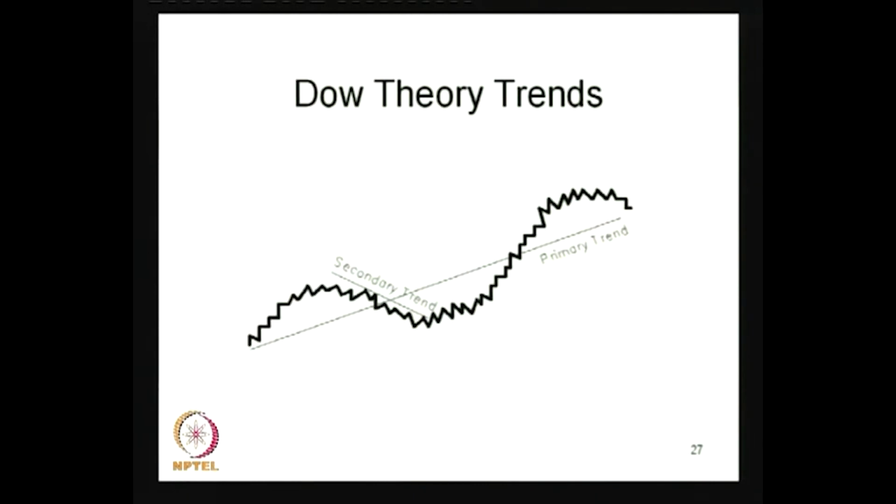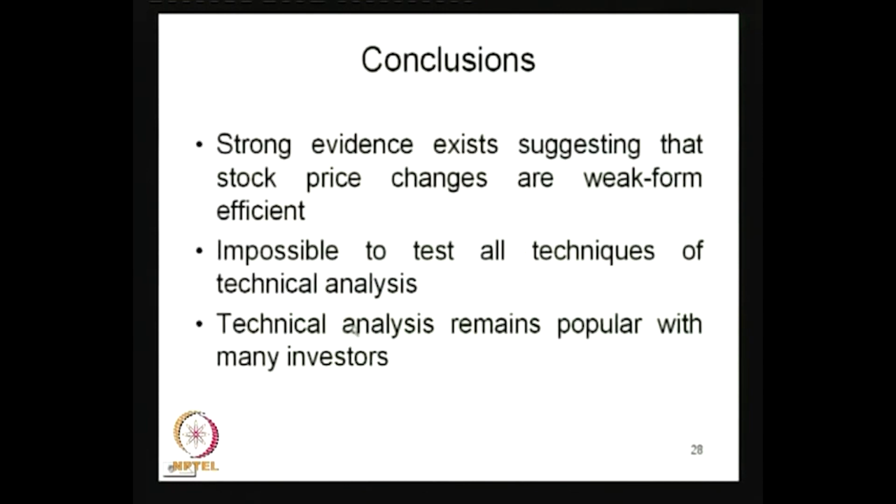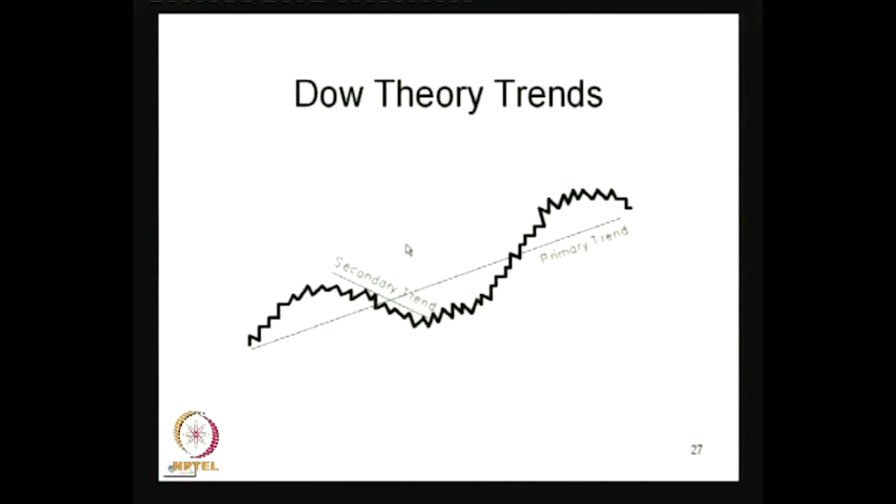This is your primary trend and this is your secondary trend. If you take yearly data, or data in a longer version where the frequency is a little less, we can observe a primary trend.